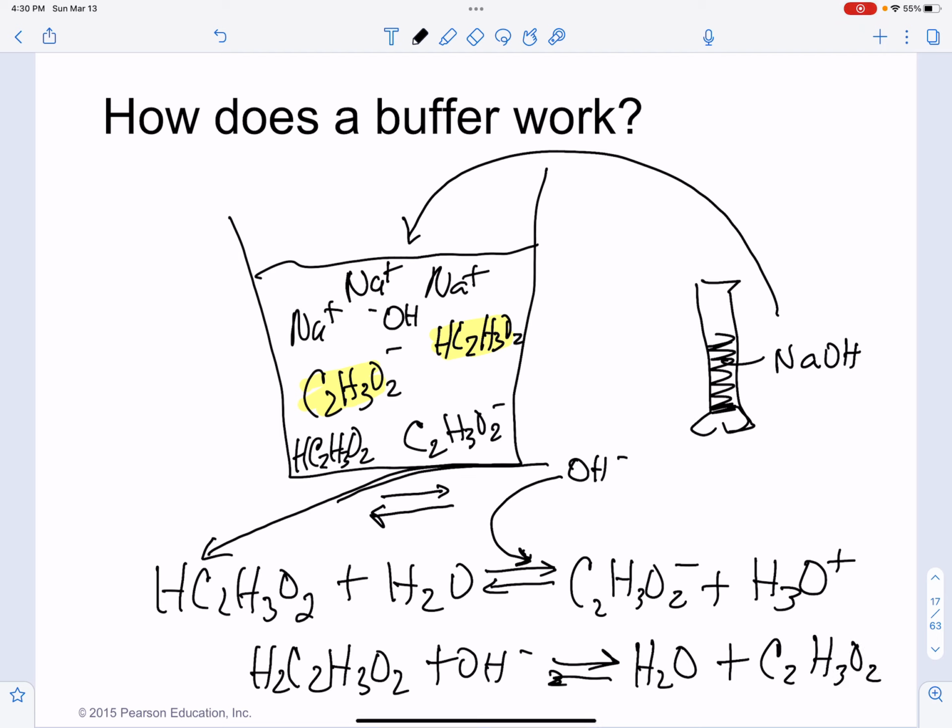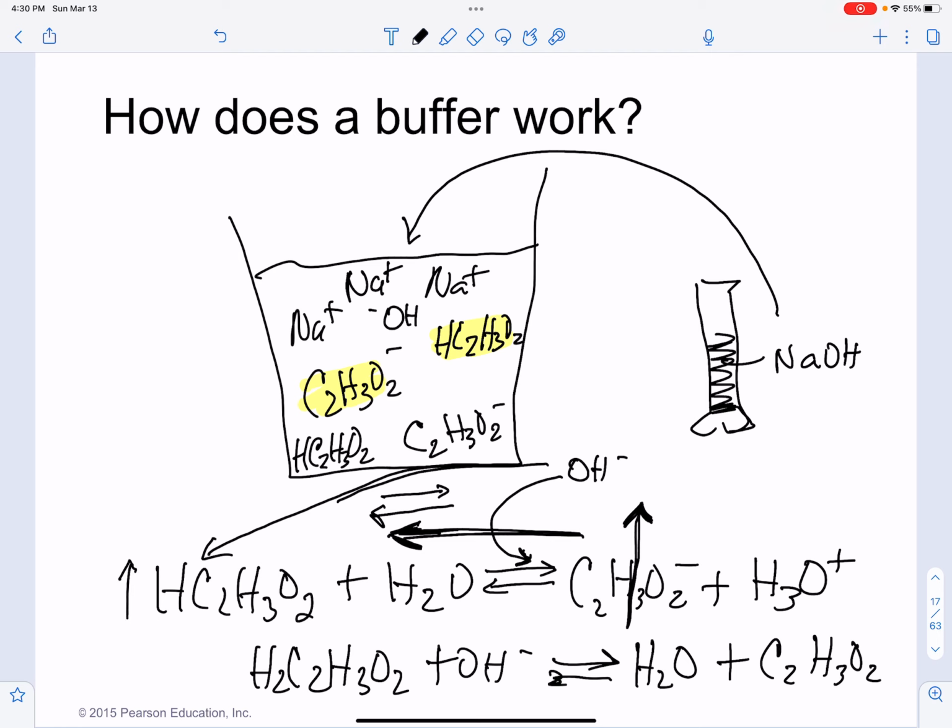So that means your acetate just increased. So based on the Le Chatelier principle, it's going to go that way to replenish the acid that went down.